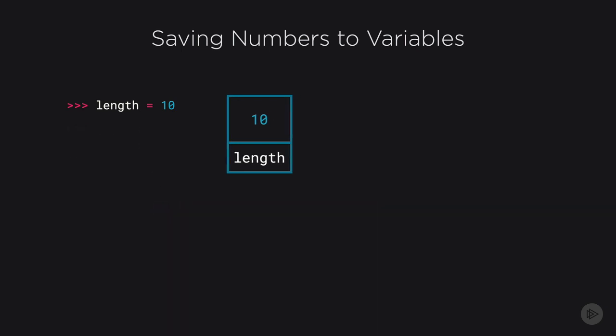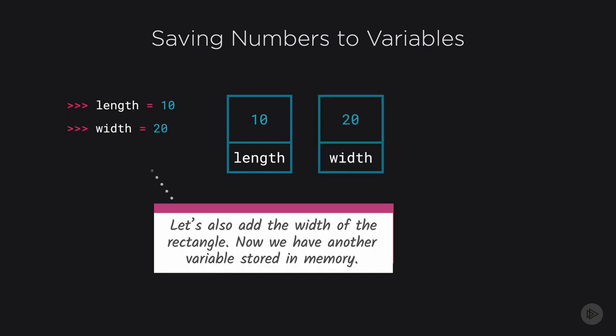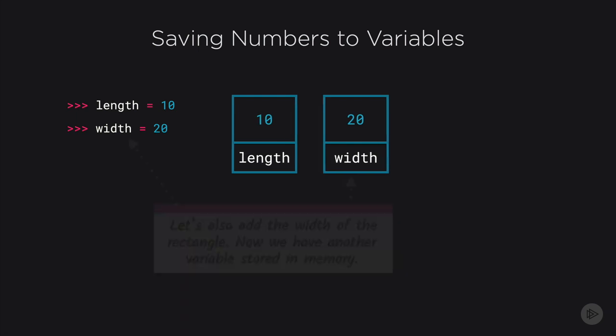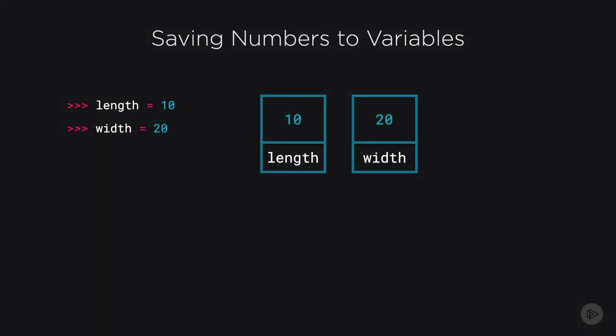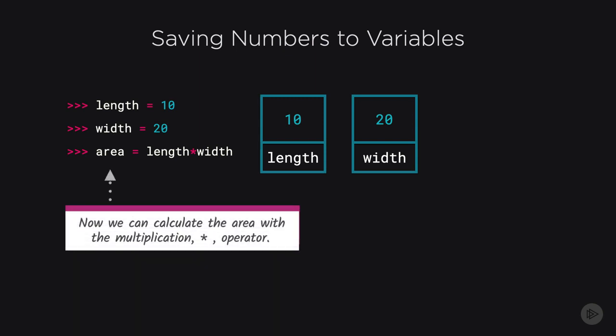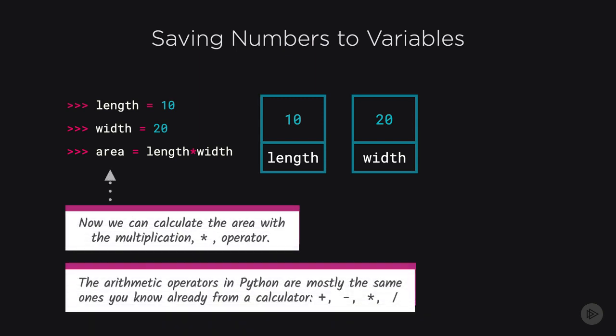Let's also add the width of the rectangle. Now we have another variable stored in memory. Now we can calculate the area as length times width, where the multiplication operator is an asterisk. Most of the arithmetic operators are the same in Python as you may have seen on a calculator for plus, minus, multiply, and divide.